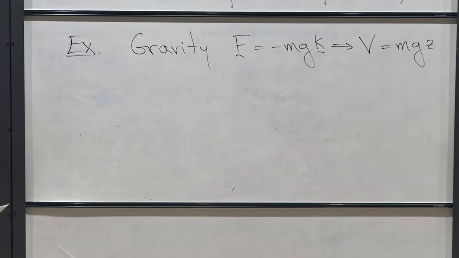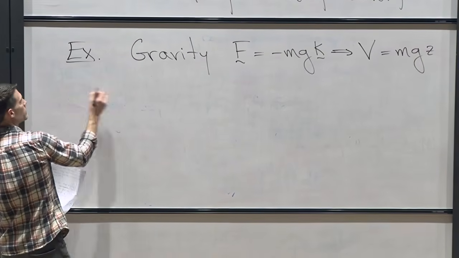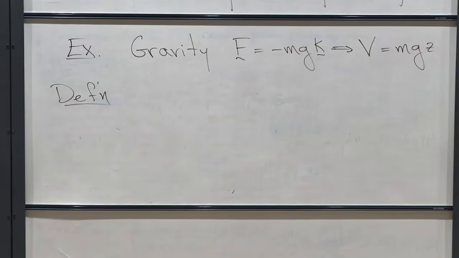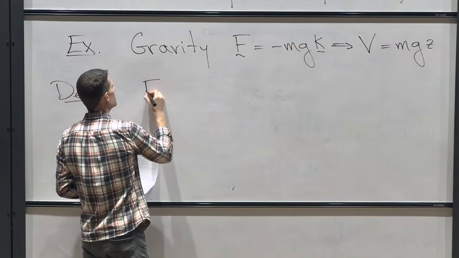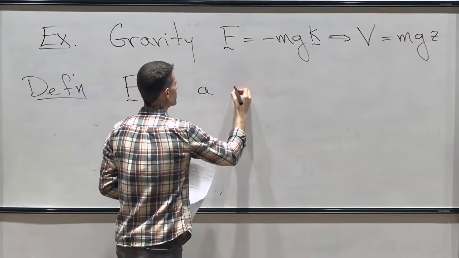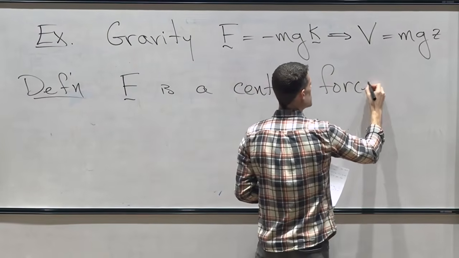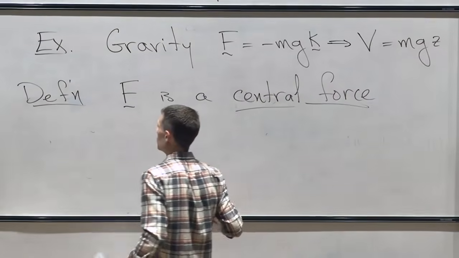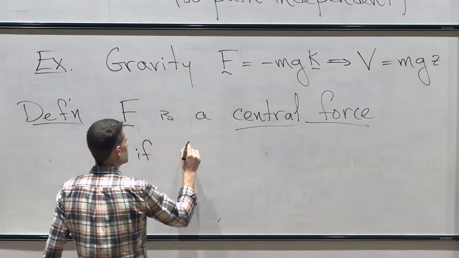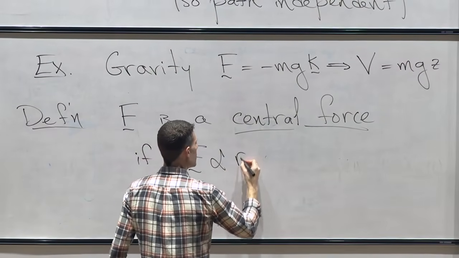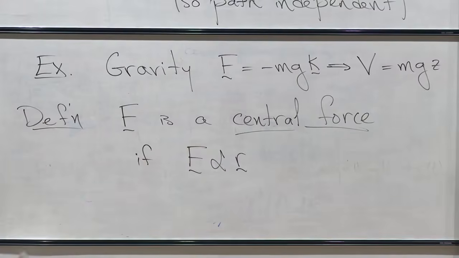So that's not super interesting. What will be more interesting for us, and we'll spend a lot of time developing, is what's called a central force. So vector F is called a central force if F is proportional to r, the position vector.